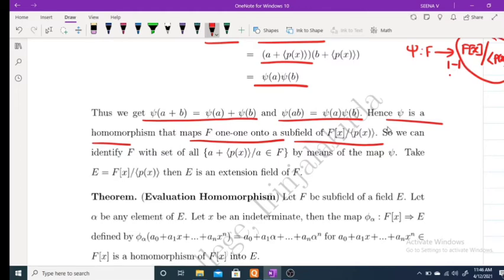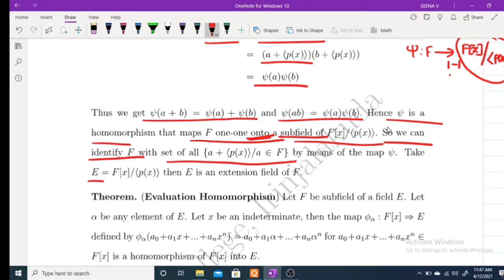That means psi is a homomorphism that maps F onto a subfield of F[x] over the ideal generated by P(x). Therefore, we can identify F with the set of all a plus the ideal generated by P(x), a belongs to F, by means of the map psi.